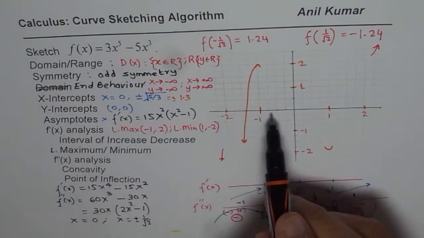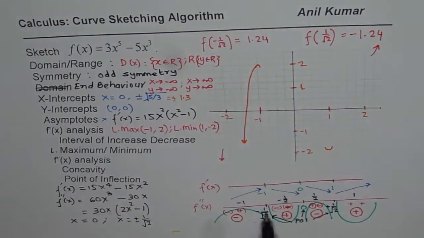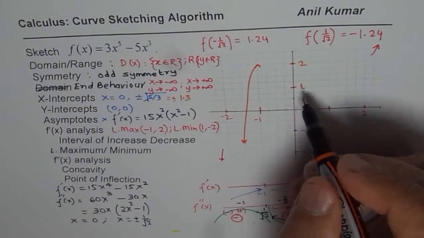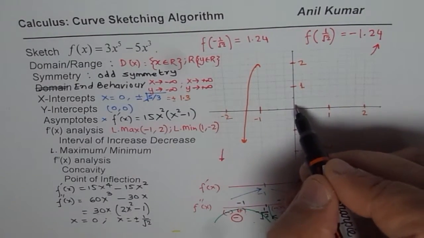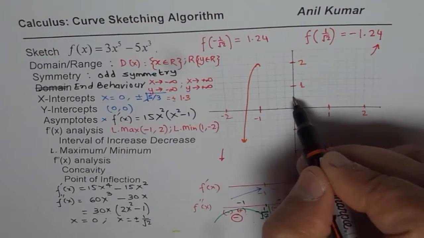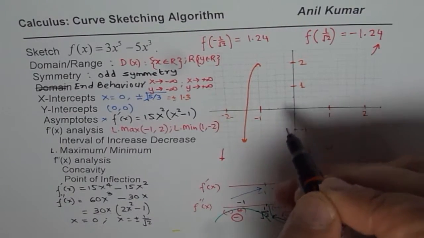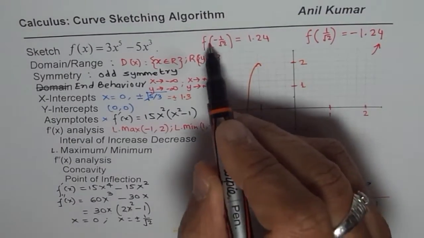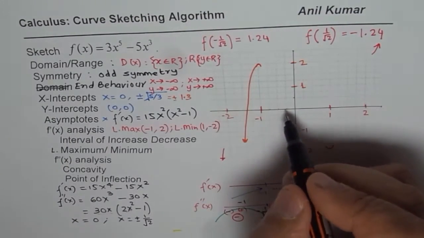Now as we move, we come across the point of inflection, which is at minus 1 over square root 2, right? And the point is at 1.24, so it is 0.2, 0.4. The value is 1 over square root 2, which is 0.7.